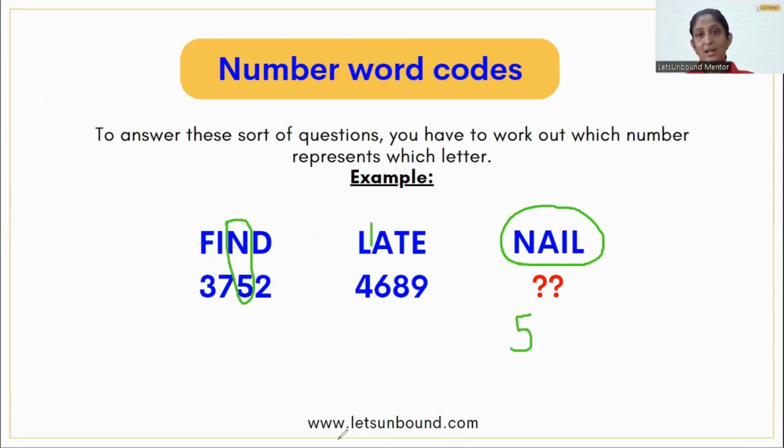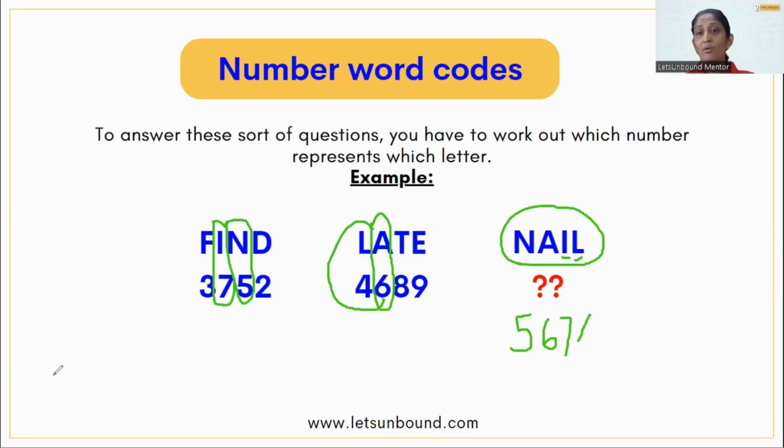Now let's check here. The code for A is 6. So A is 6 in nail. The third letter is I, and finding I in this word code, I know that my I is 7. And lastly, we need to check the code for L, and we very easily can know that L is 4.